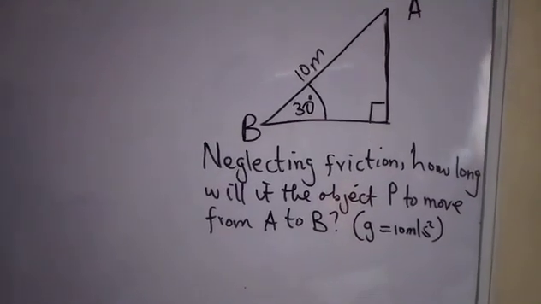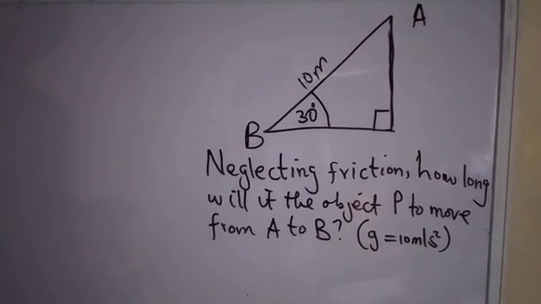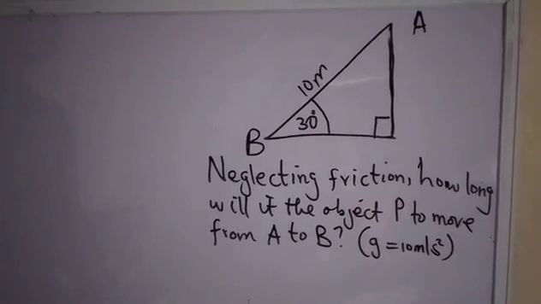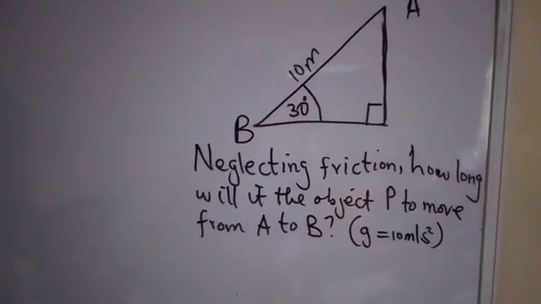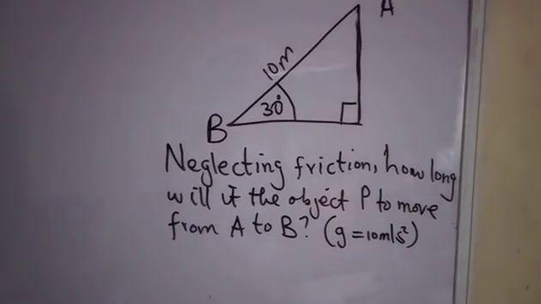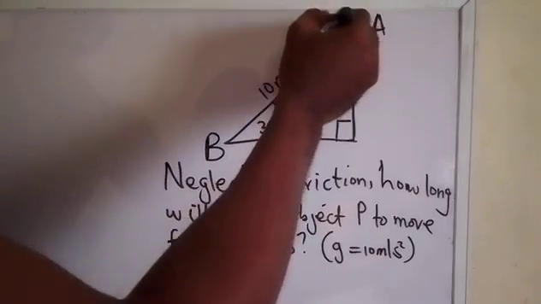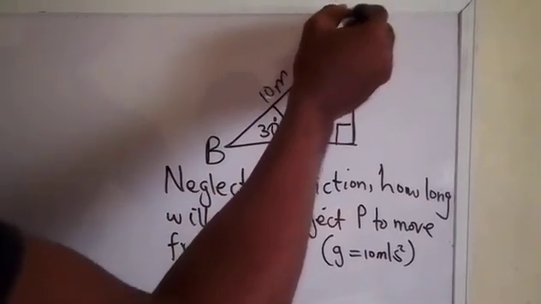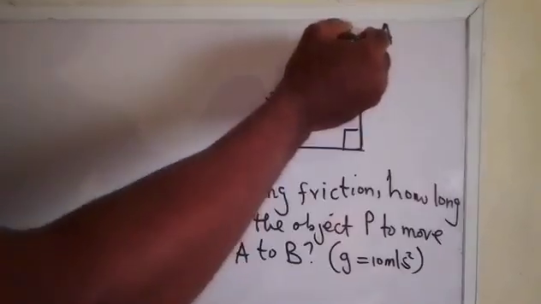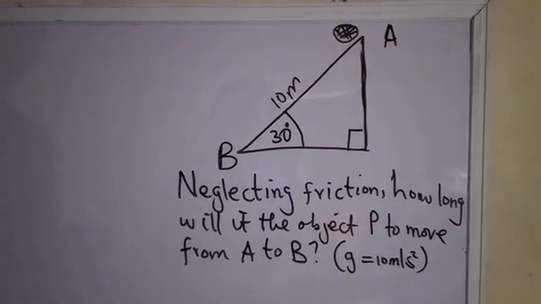So this is another question on motion, but this is motion on an inclined plane. It's a bit tricky, even for grown-up adults sometimes. Let's see how we can solve this. We just have this sketch, and we're told that this object, let's call it object O, is going to roll from A to B along an inclined plane.